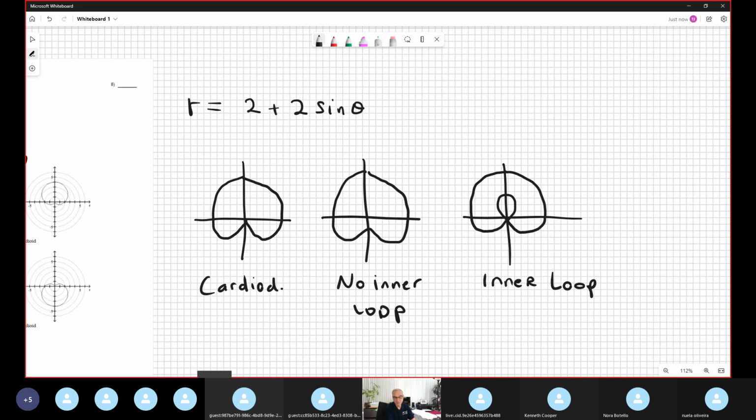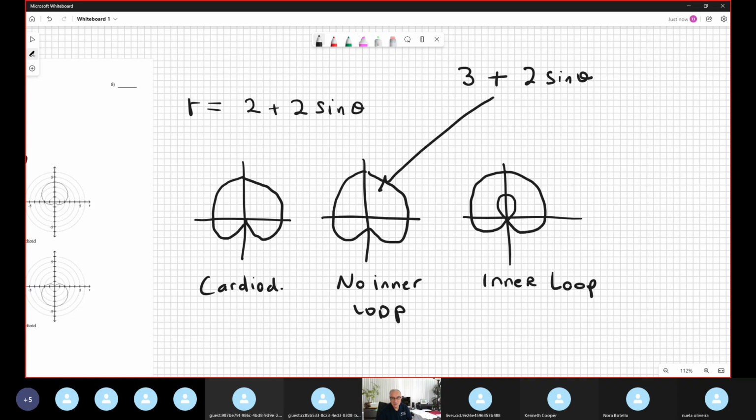Clear or no? It's clear, Professor, but what I didn't understand is, for example, r equals 2 plus something, how are we going to identify if it has an inner loop or doesn't? No, it's easy. Look, see the number in the middle. Suppose 3 minus 2 sine, minus or plus sign.